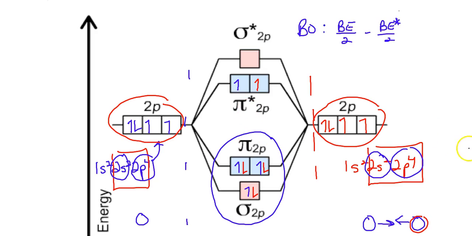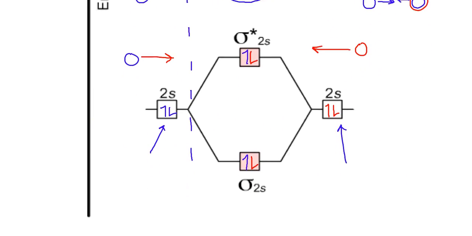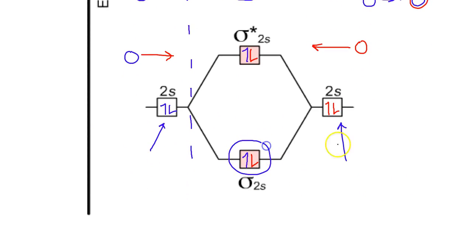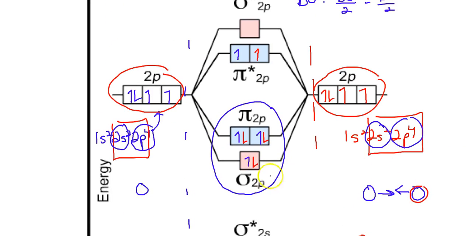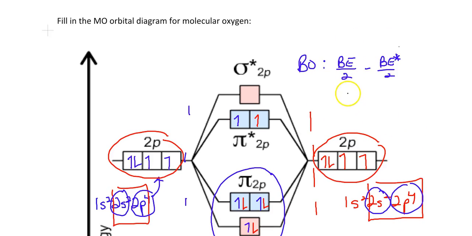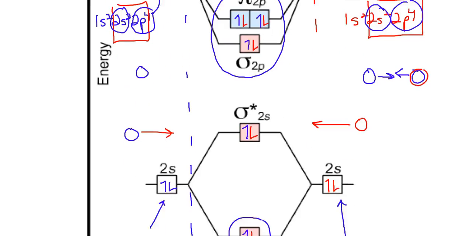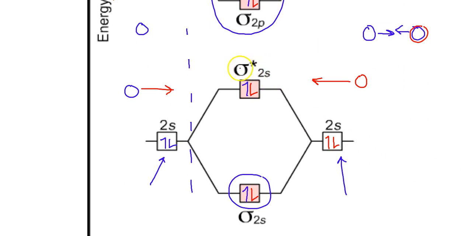And notice how many bonding electrons do I have? I have 2, 4, 6, 8. Who do we appreciate? MO theory, of course. 8 over 2 minus the anti-bonding. Well, we have 2s star there. That's 2 there.